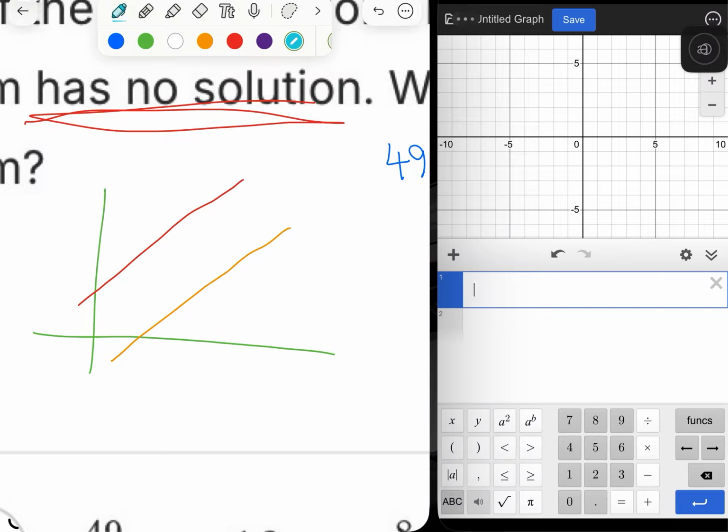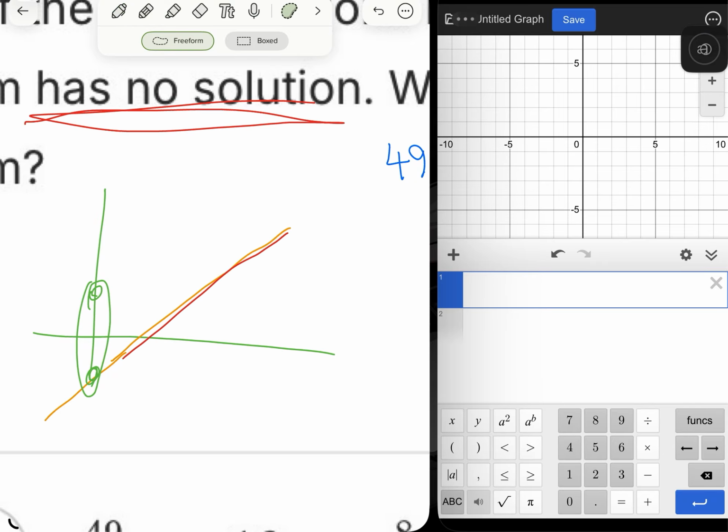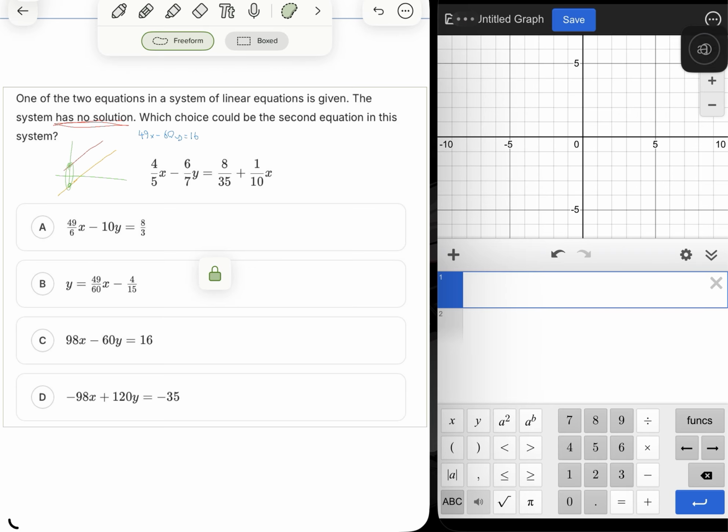The slope of this line, because it's increasing by the same value, has to be the same as the slope of this line. And likewise, the y-intercepts have to be different. Because if the y-intercepts were the same, these lines would just be the exact same. So the y-intercepts have to be different for these types of equations if you want no solution.